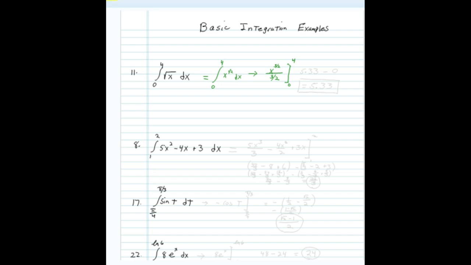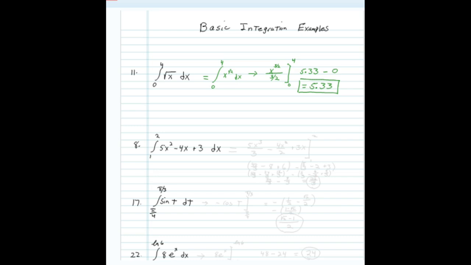So 8 divided by 3/2 is 5.33. If we take 0 to the 3/2, we get 0 over 3/2 is 0. So minus 0. So our answer is 5.33 for this example.